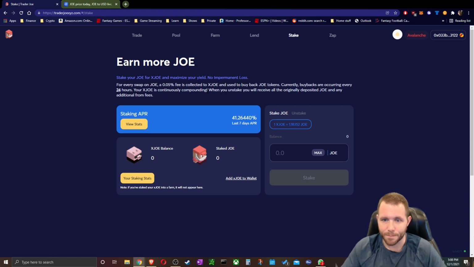Okay, so that's important. In this case, what they do with the rewards is the rewards are actually collected, and the value of xJoe goes up. So instead of you getting an interest payment, xJoe is just growing in value as a token, which means as the token value goes up, it's not a taxable event.